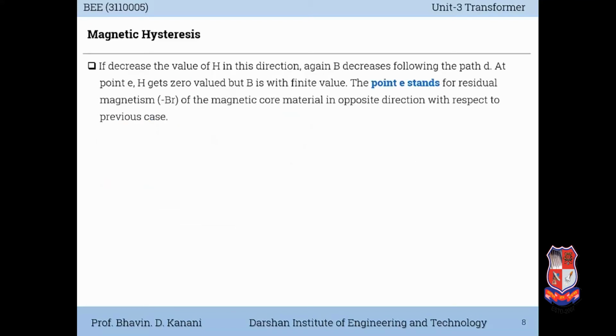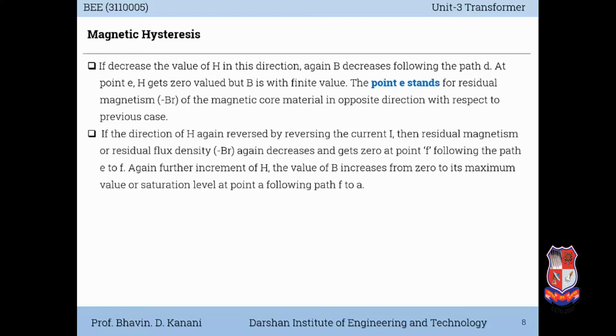If we decrease the value of magnetizing force H in this direction, again flux density B decreases following the path D to E. At point E, magnetizing force H gets 0 value but flux density B is with a finite value. The point E stands for residual magnetism of the magnetic core material in the opposite direction with respect to the previous case.